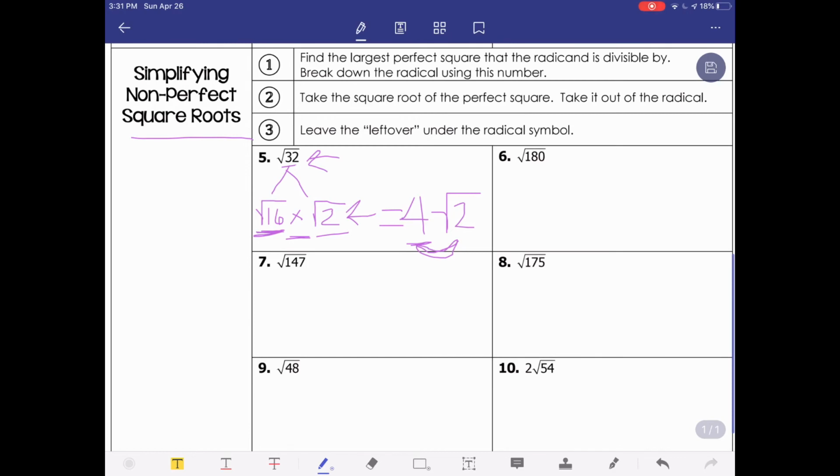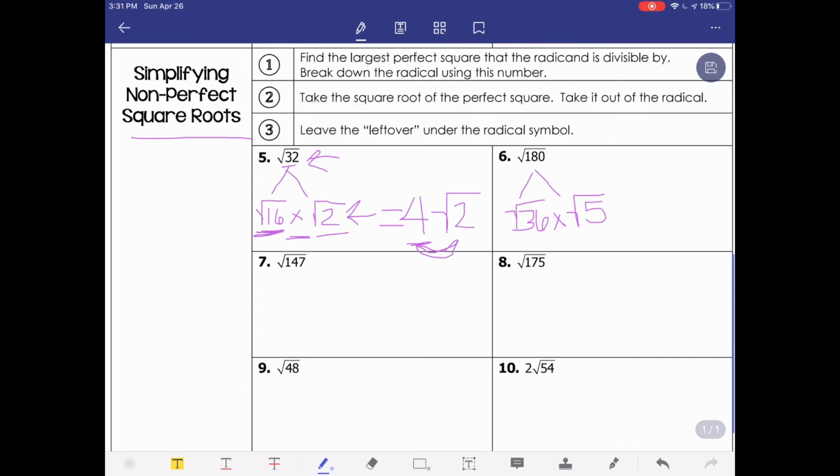Looking at number 6, I have the square root of 180. I need to look for factors of 180, and I want the largest perfect square. Looking at this, I know that 180 is divisible by 36. So I'm going to break this down to square root of 36 times square root of 5.